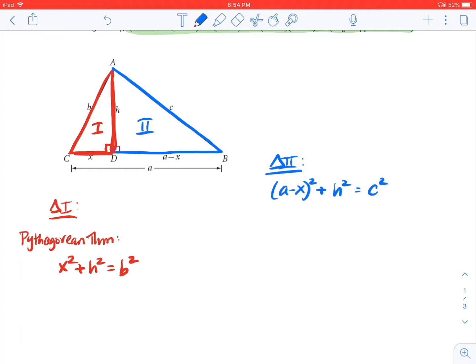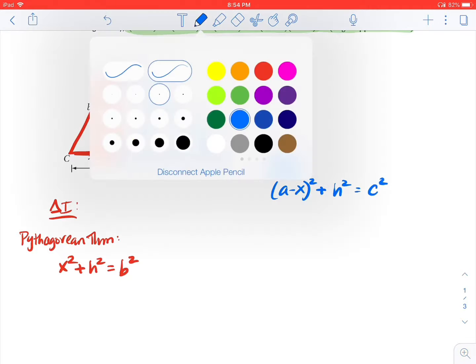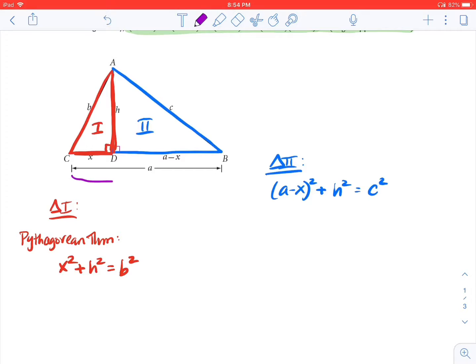I should pause for a second and make sure we understand the diagram. What the diagram is saying is that this entire side length opposite angle A is side a. If I call this little side length x, then the remainder, the leftover, would be a minus x.